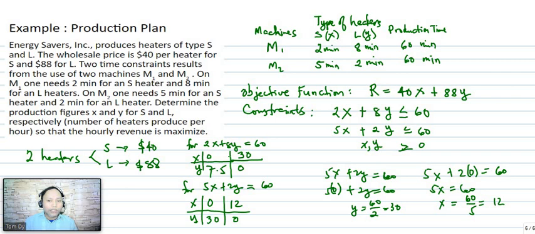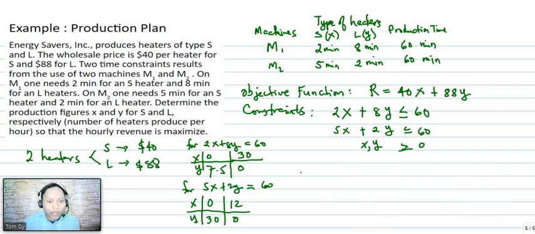This time, we will draw our graph. We have our x and our y. They are all positive. So we have here our x and then our y. Let me write again my line here. So 30.